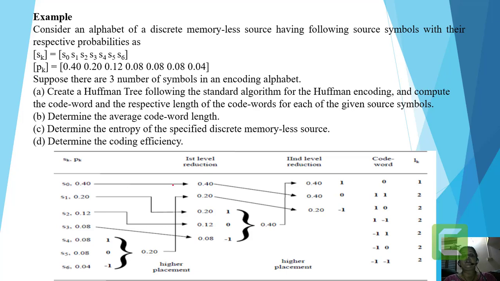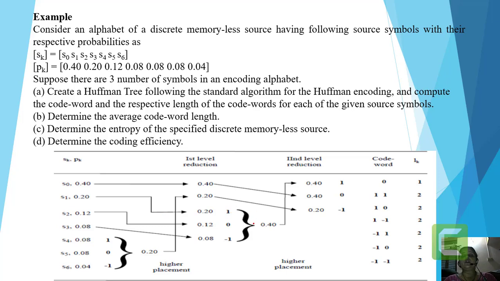So 0.40 is taken over here. Only here the assignment of 0 is existing. So the code word for this source symbol 0 is 0. Its length is 1. Then the next symbol probability is 0.20. This has been taken over here. Assignment is of 1.